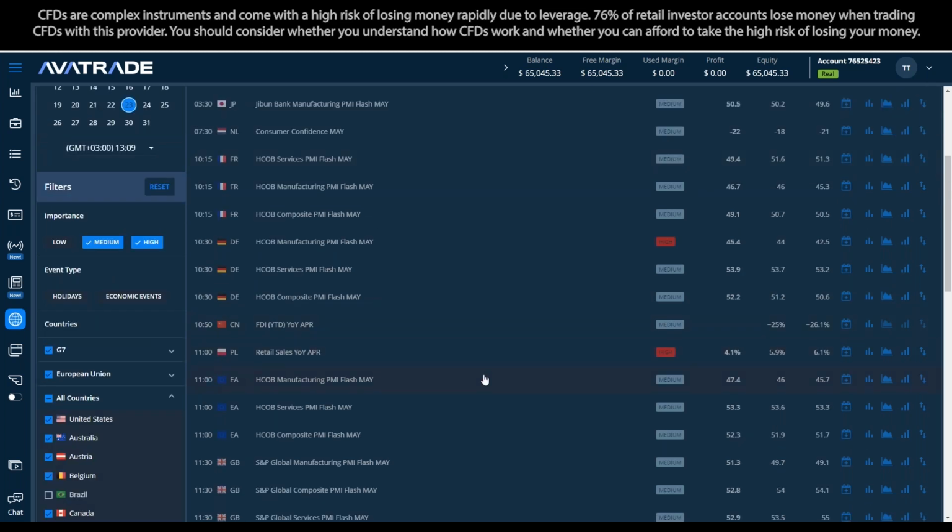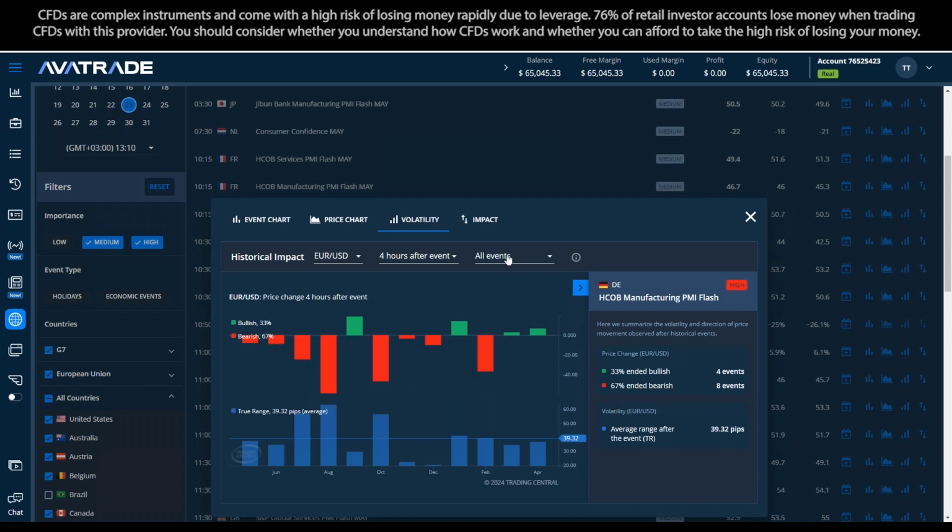Okay. And so if we scroll down here, we can see already some numbers like manufacturing numbers came in better than expected, out of Germany. And so, it's expected to go up from 42.5 to 44, and it came in at 45.4. So better than expected. All right. And you could even take a look and see, when these numbers do come in above forecast, what typically happens?